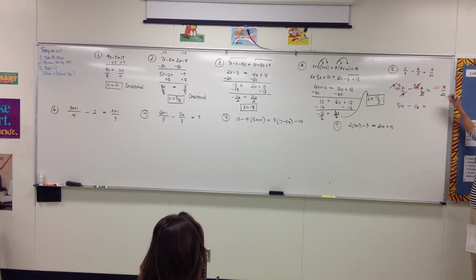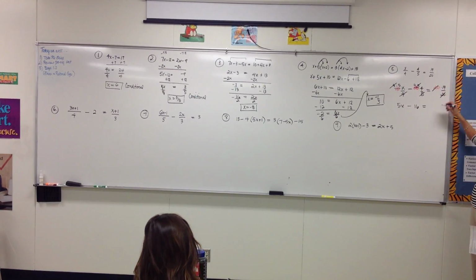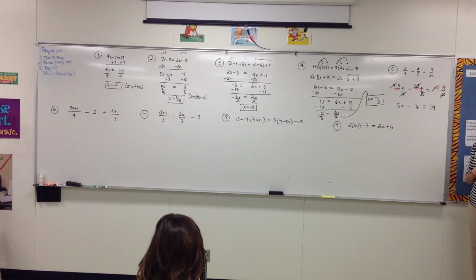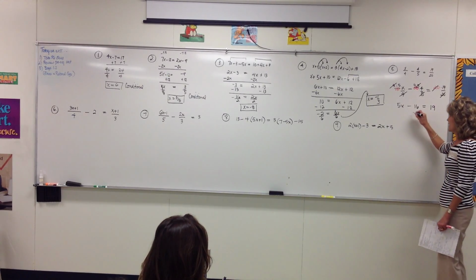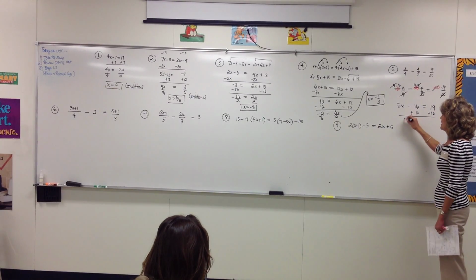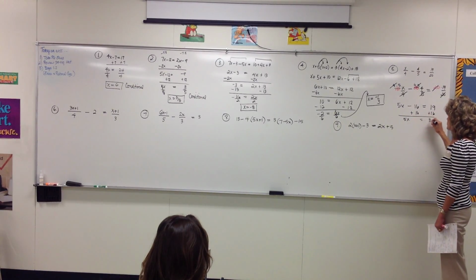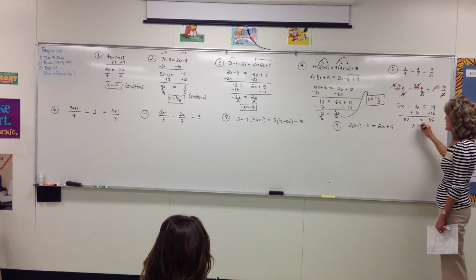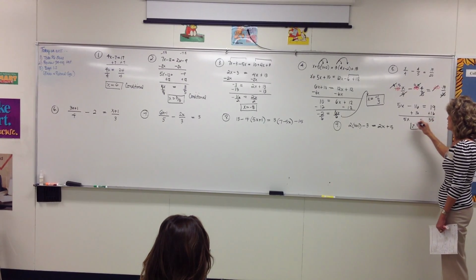And on the right-hand side, 20 over 20 goes away. That's a 1. I can cancel it. They're factors. So 5x minus 16 equals 19. Then if we add 16 to both sides, 5x equals 35, so x equals 7.